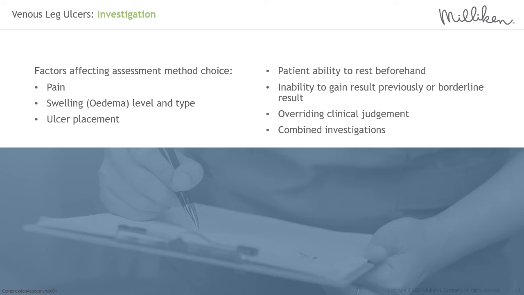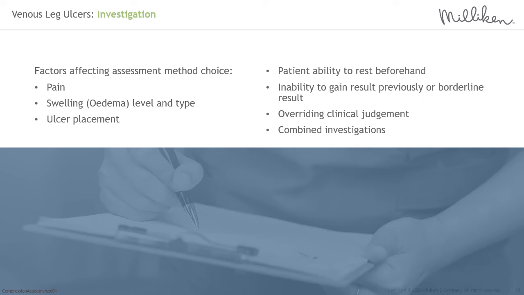This can be covered to facilitate assessment, but pain does need to be considered. A rest period is required, usually 30 minutes prior to undertaking an ankle brachial pressure index. For patients attending clinic appointments, this is often challenging to achieve and may result in an inaccurate reading.